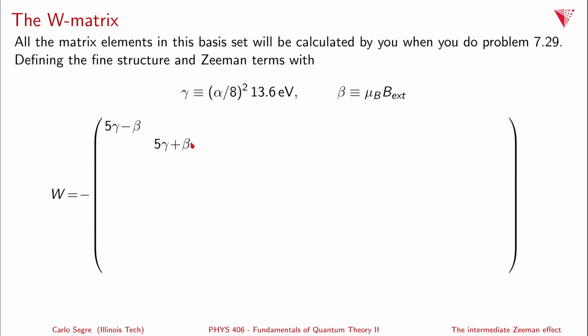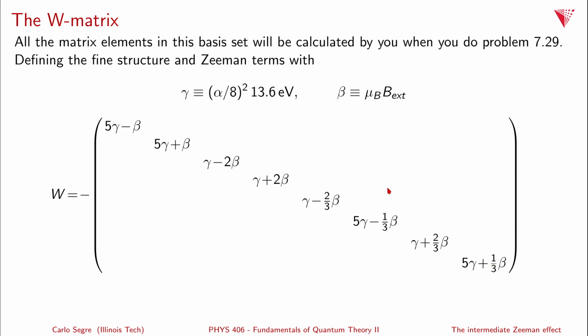Then we have W22, which is 5 gamma plus beta, W33, which is gamma minus 2 beta, and W44, which is gamma plus 2 beta. We then have W55, which is gamma minus 2/3 beta. Then we have 5 gamma minus 1/3 beta, gamma plus 2/3 beta, and as you might expect, 5 gamma plus 1/3 beta.